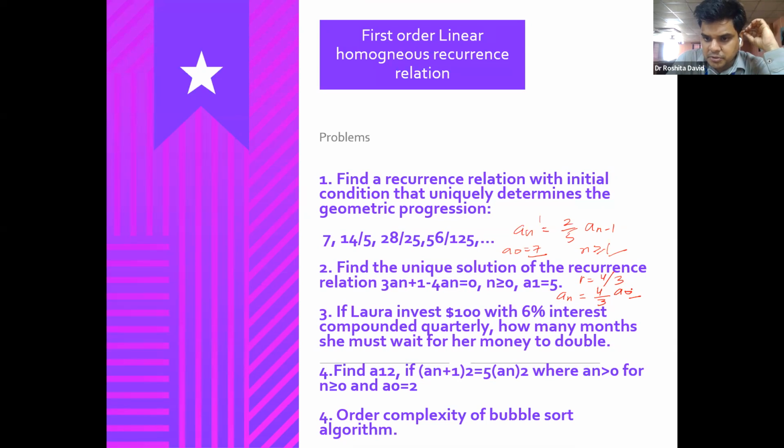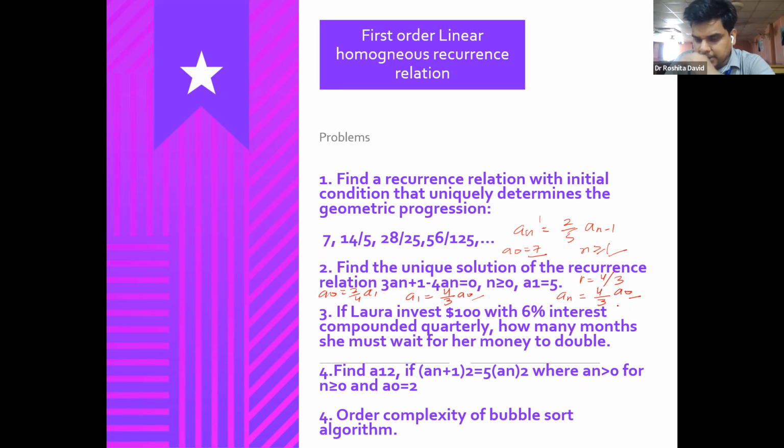How can you find a0? a1 is 4 by 3 a0, right? So a0 is going to be 3 by 4 a1. And a1 is 5. So it's going to be 15 by 4. So a0 is 15 by 4.